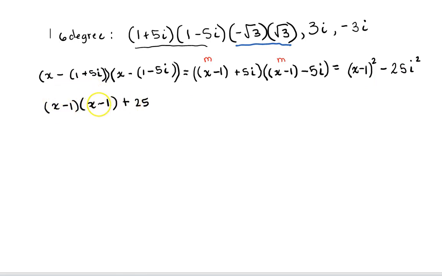Now I'm going to do this multiplication, and I'm going to wind up with x squared minus 2x plus 1 and then plus 25. So my ending grouping for this particular set, all I've done is this set, is x squared minus 2x plus 26.